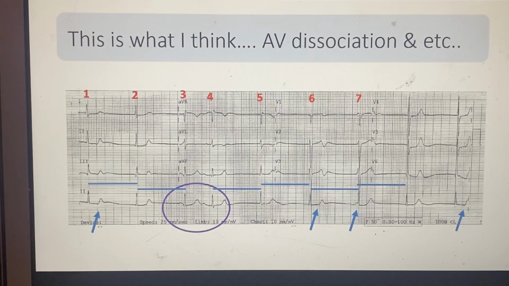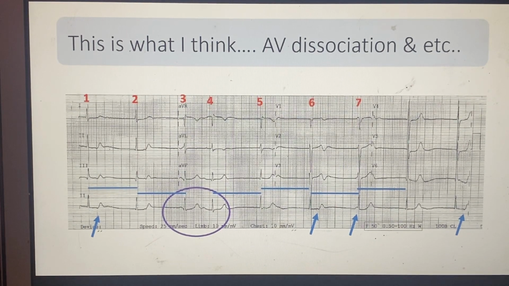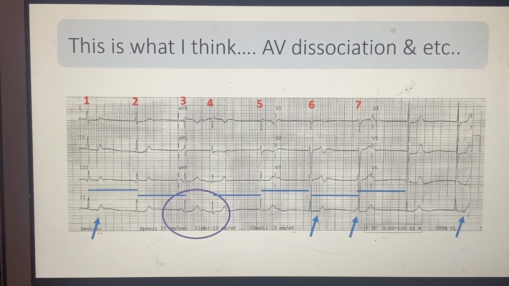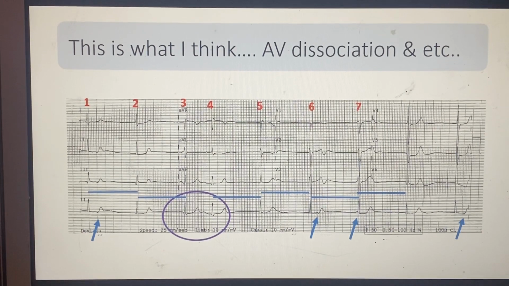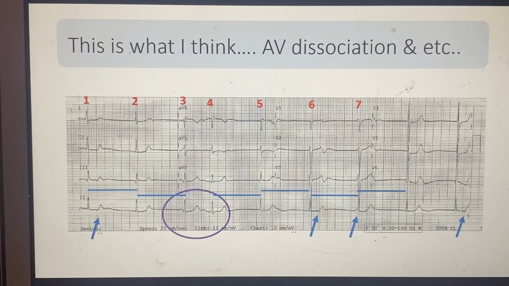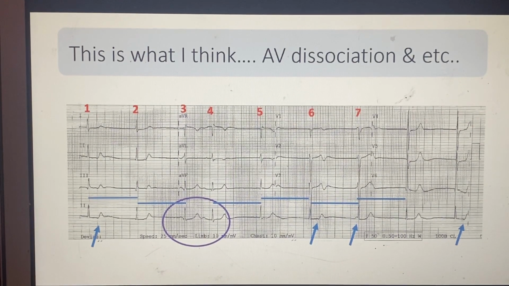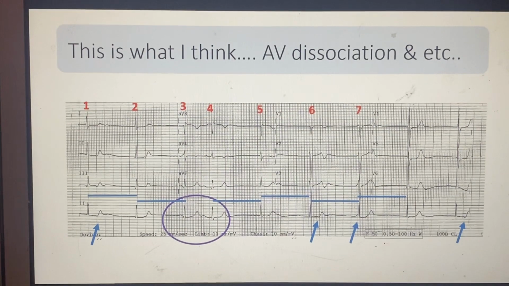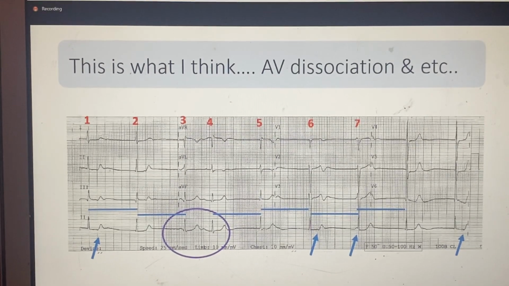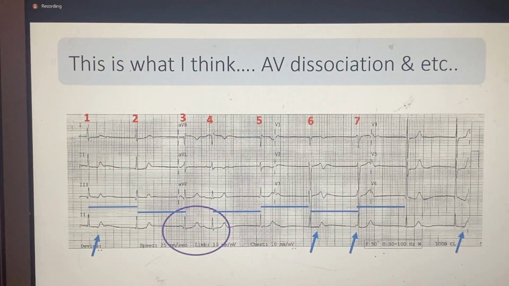If you want to further evaluate the AV node, you can put the patient through a stress test, so you need to increase the P wave rate. If you have a lot of P waves which are not conducted, then this is due to an AV node issue. But sometimes, as I said just now, this type of patient can have two problems.